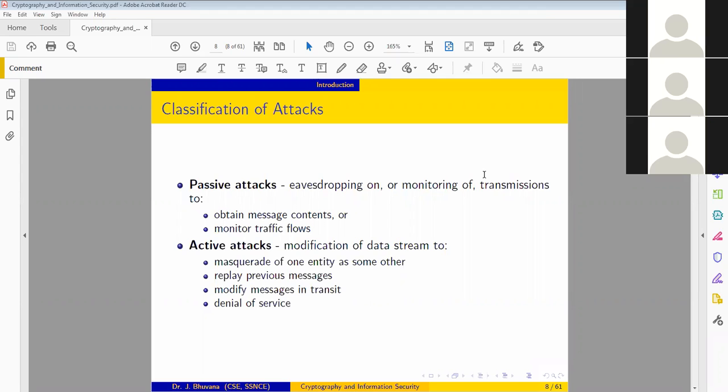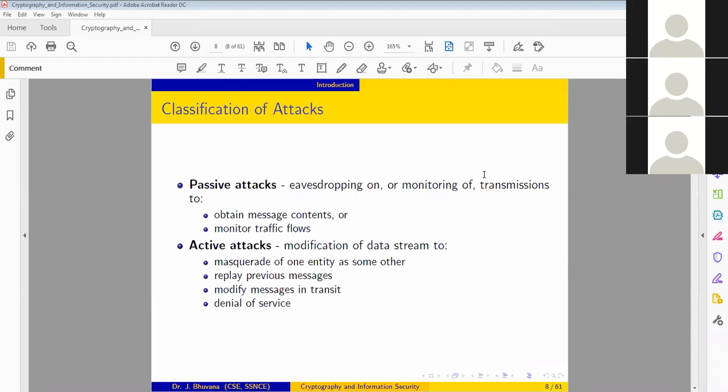The server does not know these requests have all been generated by one disgruntled employee of the same institution, who wants to occupy the maximum capacity of the server, thereby denying service to other potential clients who may be requesting at that time. If this single person occupies the maximum potential of the server, the other people making requests at that point of time may not get a chance to get service from the server. So that is the denial of service.